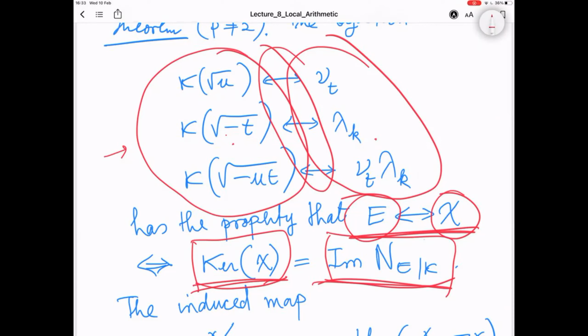Are there any questions? Yeah? Sir, is there any Hensel lemma type thing in this setting? Yes, there is. For this, probably we will see it later.